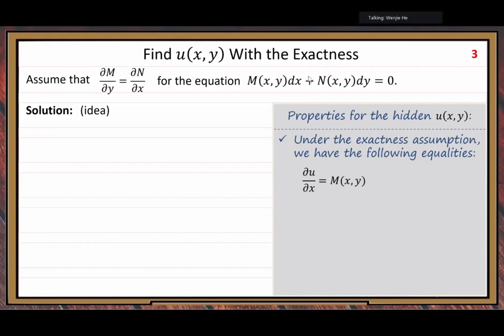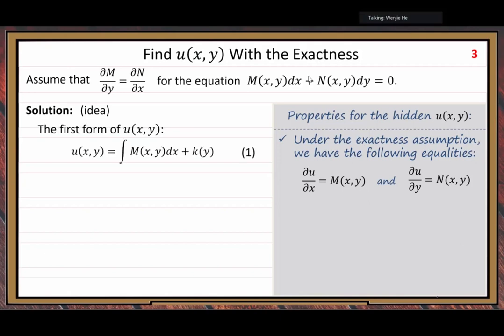So we have these two equations. We need to find a U satisfying both equations by antiderivatives. The first antiderivative: U equals the integral of the M function with respect to the variable x.